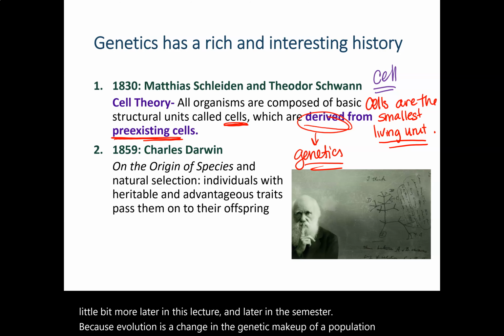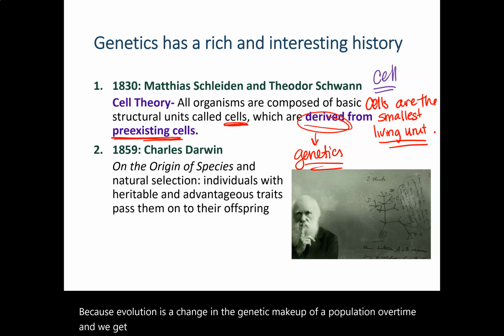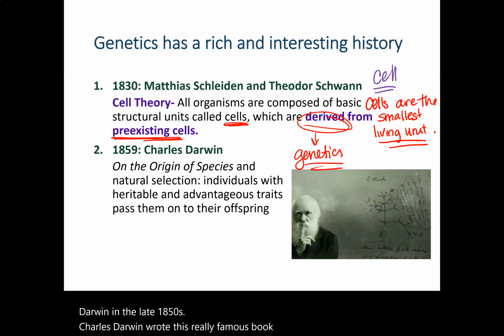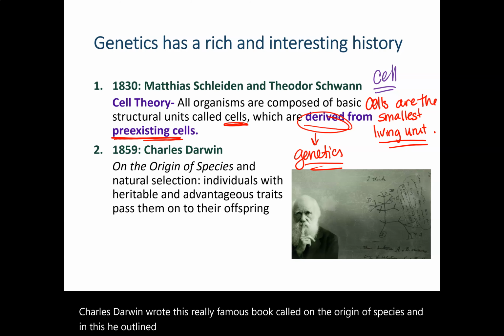And we get this first sort of classification of the idea of evolution from Charles Darwin in the late 1850s. So Charles Darwin wrote this really famous book called On the Origin of Species. And in this, he outlined the idea of evolution and natural selection.